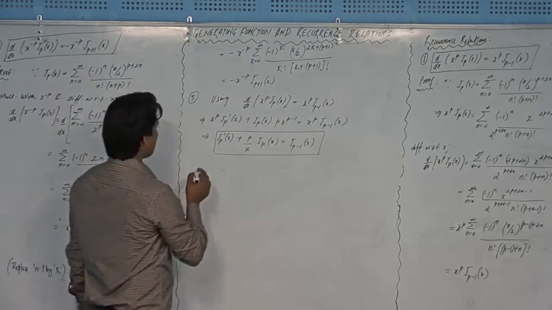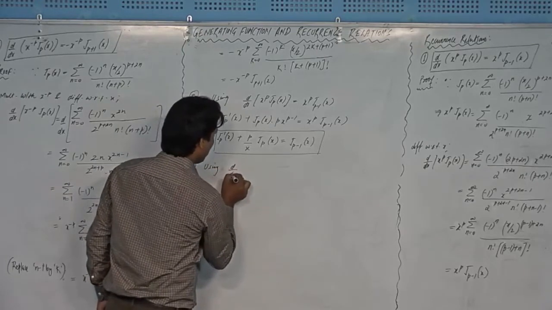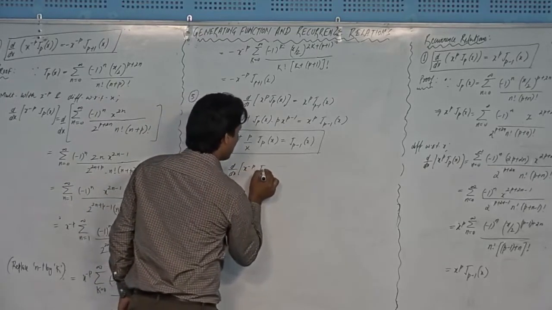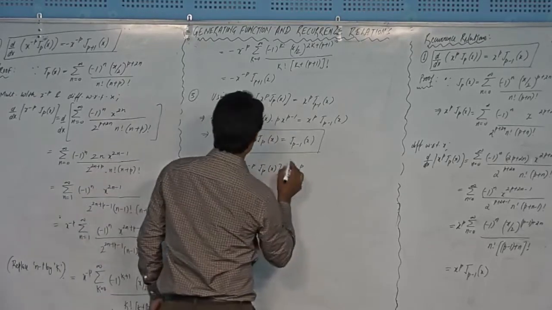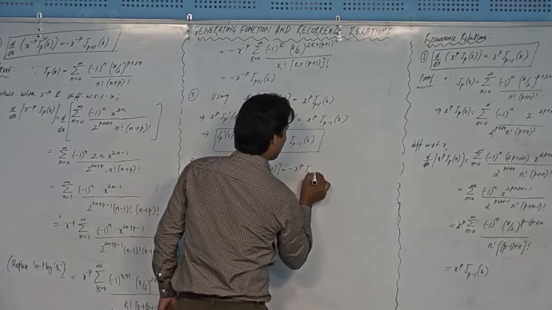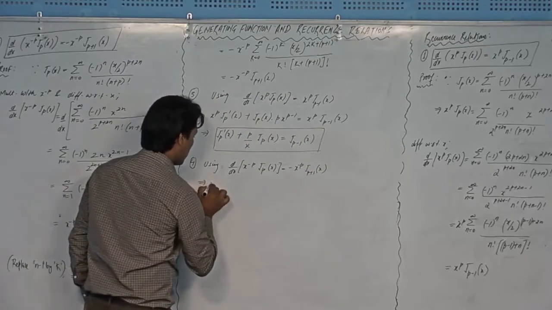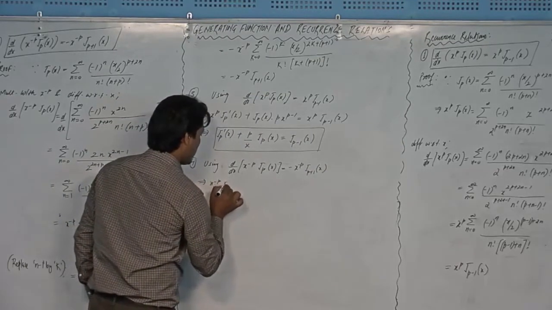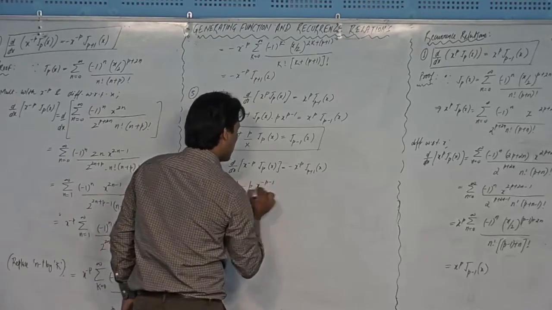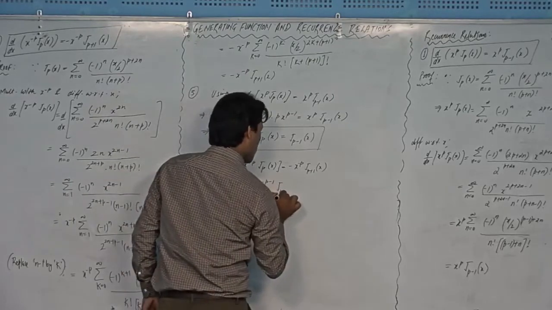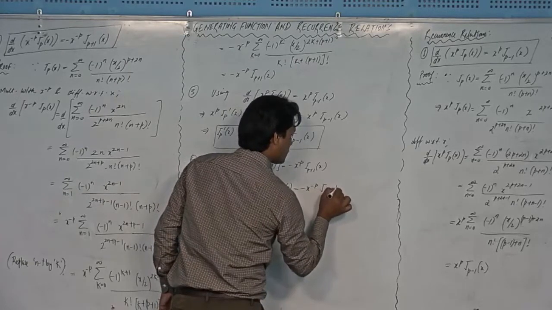Similarly, from the second one, I have to differentiate using d by dx of x to the power minus p J_p(x) equal to minus x to the power minus p J_{p+1}(x), right? And when you differentiate this, you will get x to the power minus p J_p'(x), and the differentiation of this gives minus p x to the power minus p minus 1 J_p(x), equal to minus x to the power minus p J_{p+1}(x).